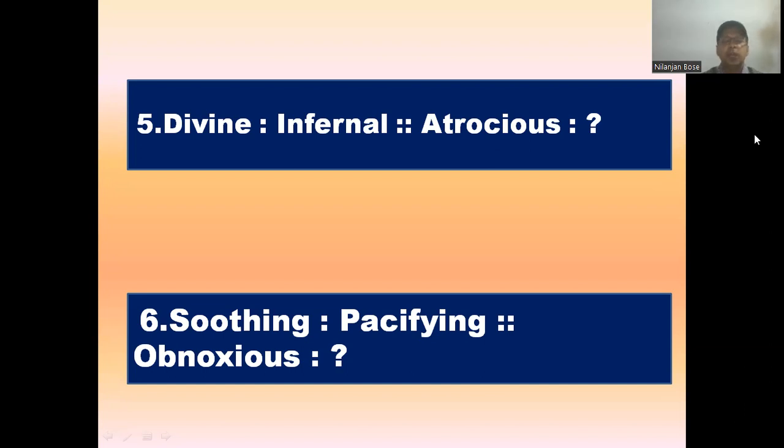Matlab, you need to eliminate the option which is nowhere near that particular word, because you already know the relationship between the first two words. आपको तो पता चल गया फर्स्ट दोनों वर्ड्स के बीच में रिलेशनशिप क्या है. तो if it is a synonym, you should go for the synonymous word, and if it is opposite, then you have to identify the opposite one. In that way you should proceed.